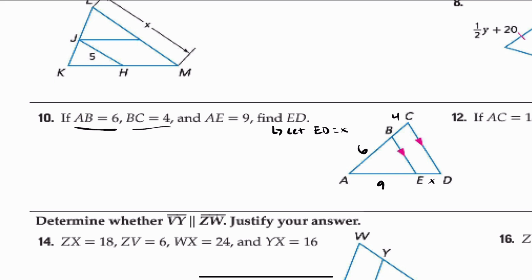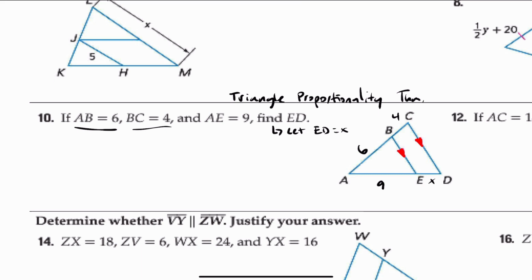And from this figure you can see that we got a triangle where one of the segments is parallel to the third side here. So that means we're going to be using the triangle proportionality theorem, which you can go ahead and look up on your notes.